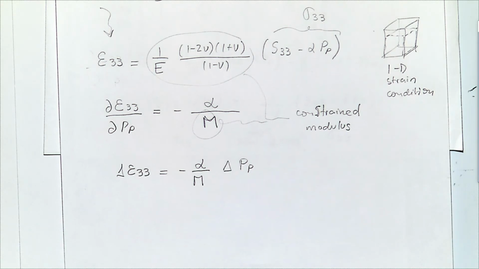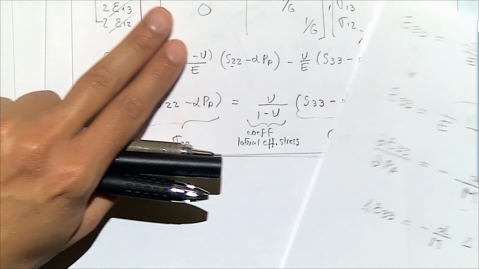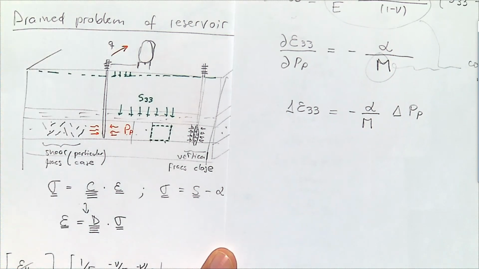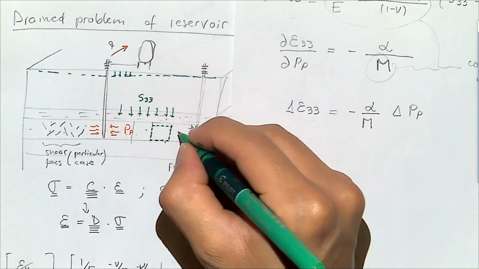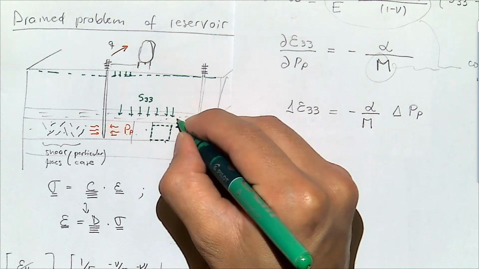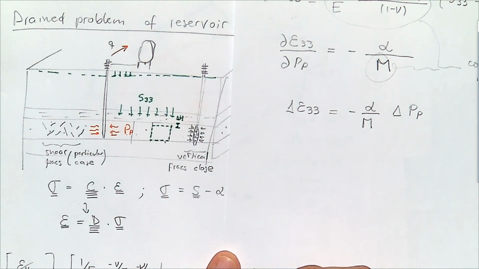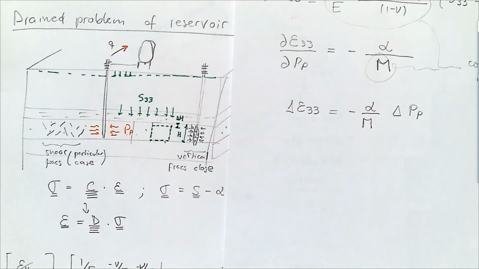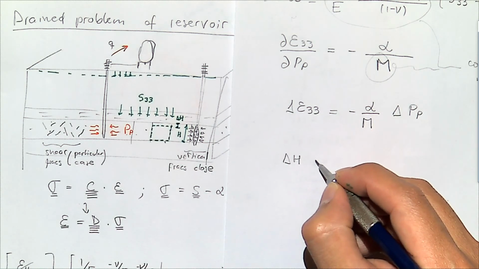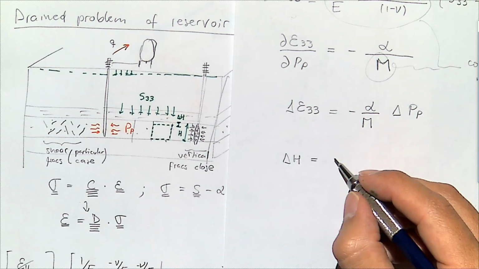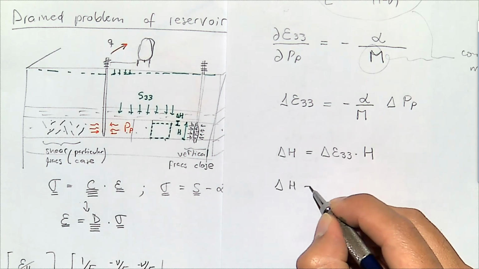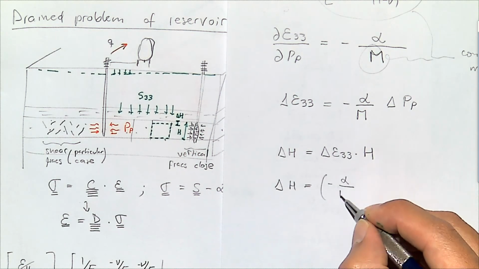And if you want to predict the change in height of the reservoir, where this is the total height, simply what you have to do is just multiply the strain times the height. And this delta H is going to be this.